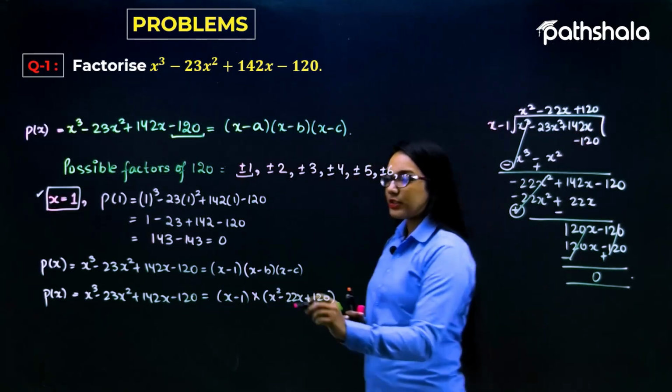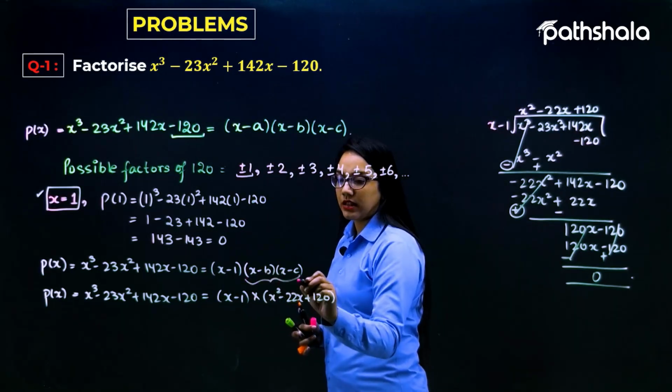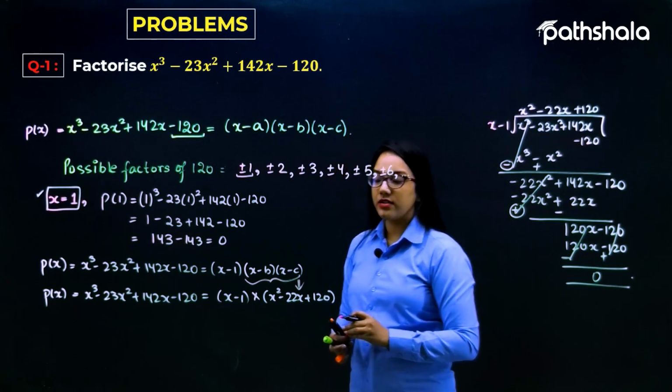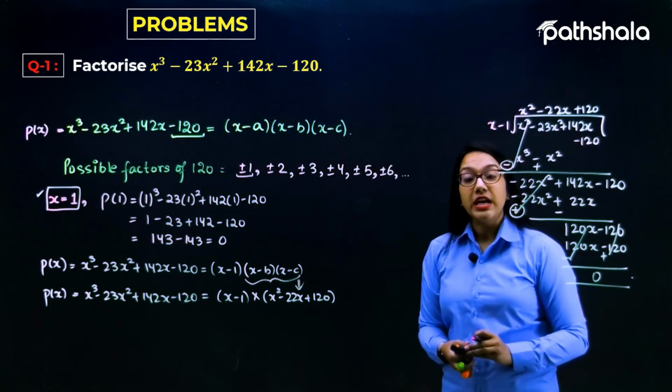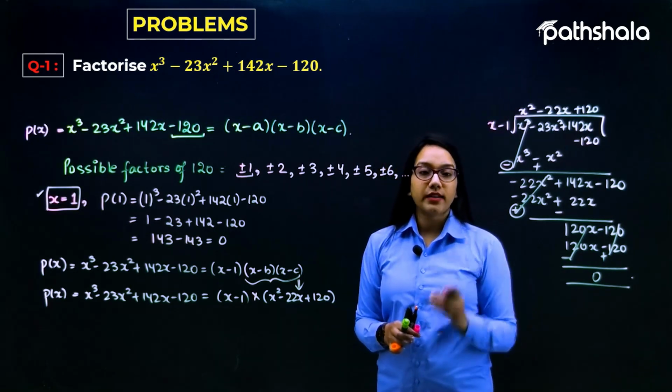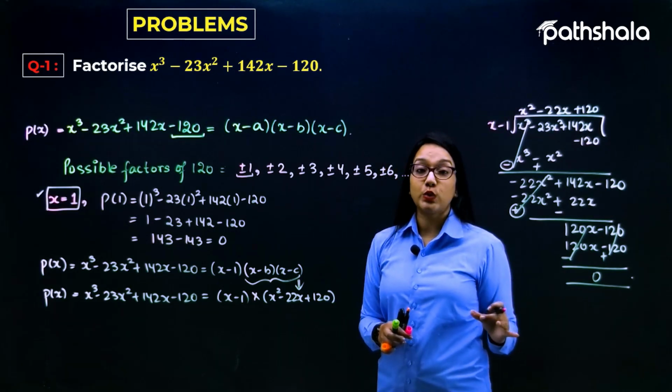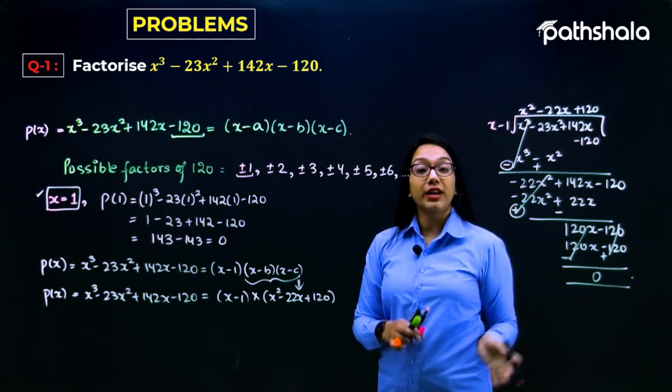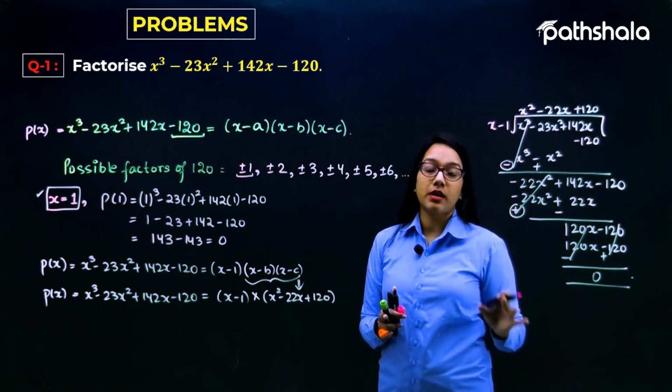So it means that x minus b into x minus c is nothing but x square minus 22x plus 120. This is a quadratic polynomial, and we can find the factors of the quadratic polynomial using the factor theorem or the middle term splitting method.